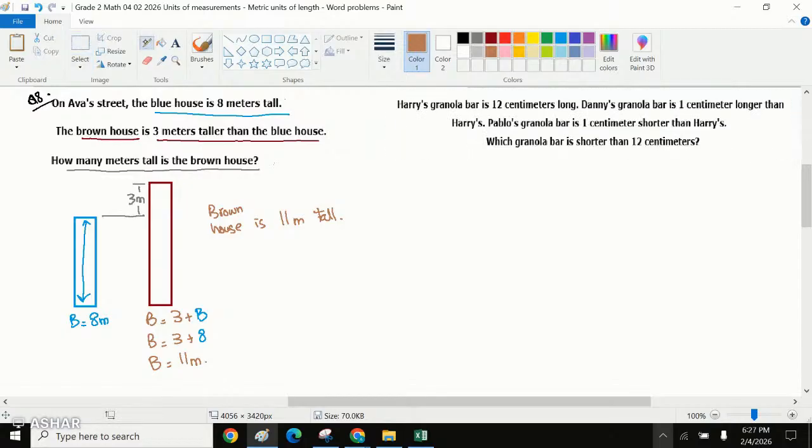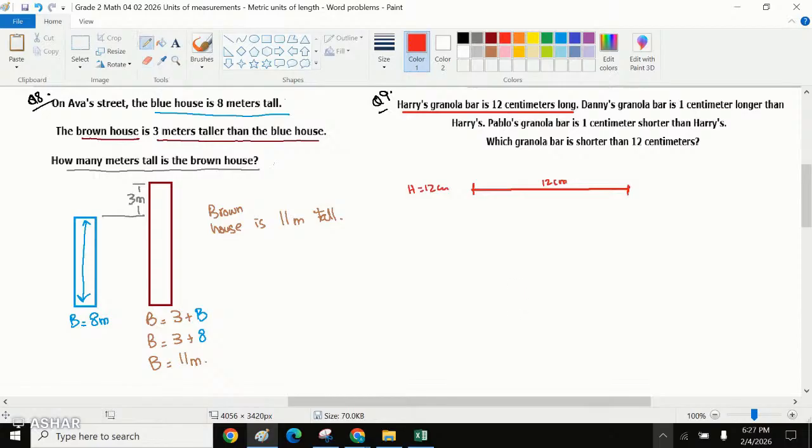Okay, for question number 9, it says Harry's granola bar is 12 centimeters long, right? So can we draw a line over here saying this is 12? If we say that this is Harry's granola bar that was 12 centimeters long, it's easier to draw the lines.